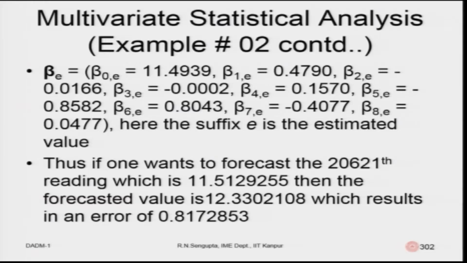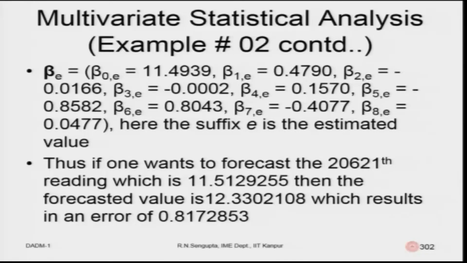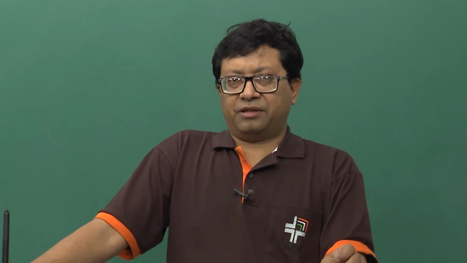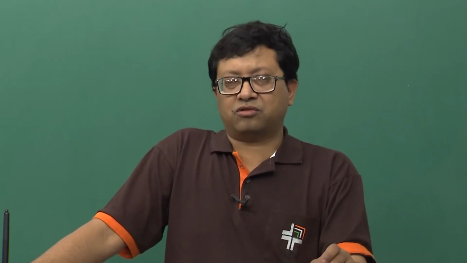So, we have found the betas, and what needs to be done is, for example, if you want to know the forecast of the 20621st reading, which is given in the data. Because this is such a huge data set, I can take a random sorting and find any value which I arbitrarily consider from the same huge sample of 20,640.